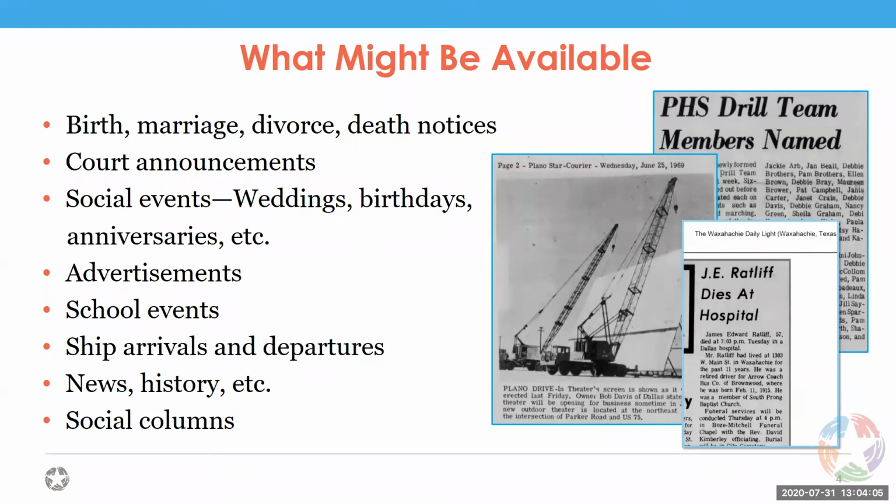Nobody's really going to post a divorce notice, but they would appear in legal notices or something like that, or an obituary for a passing of a family member. Then you're familiar. In newspapers, you might also find court information, court announcements, legals, if you will, the legal announcements, or official county or city or town proceedings.